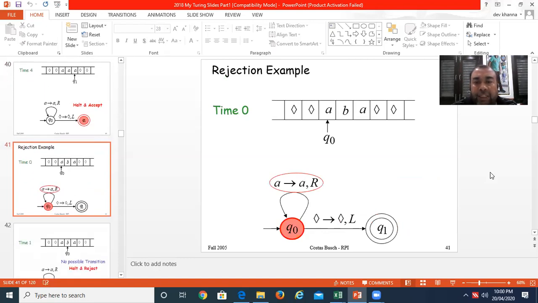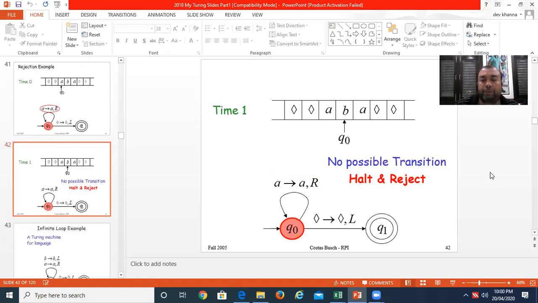So now let us take the case of ABA. That does not belong to A star, we know that. Let us see how the machine behaves for this. After you start reading A, A goes to A comma right hand side. Yes. Now the machine is in Q0, and we have not defined where to move after reading B from the input tape.